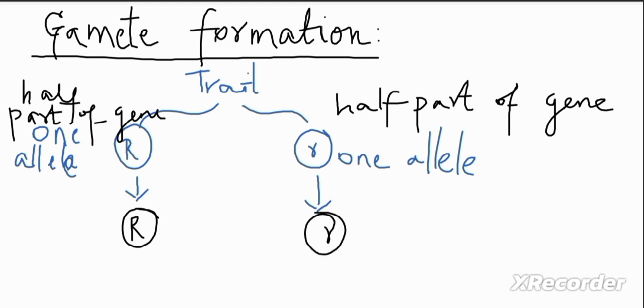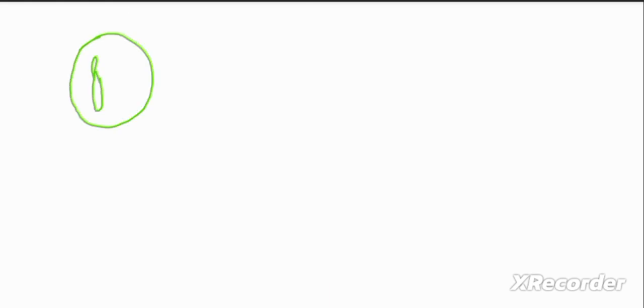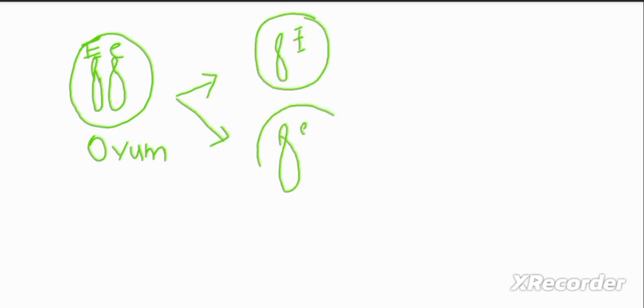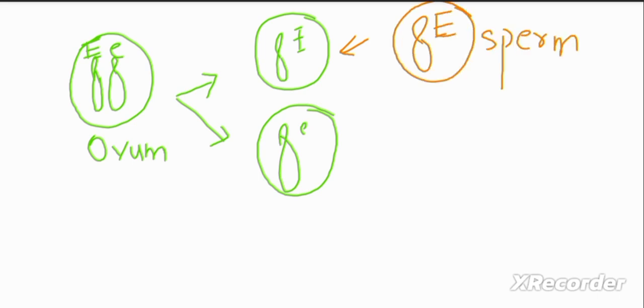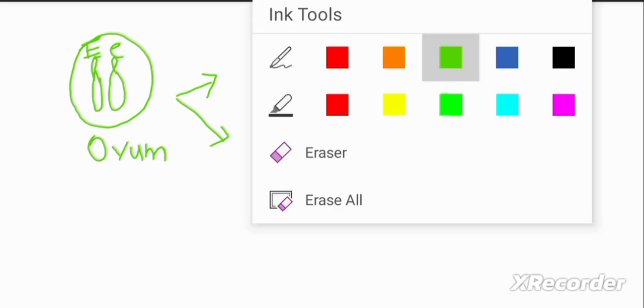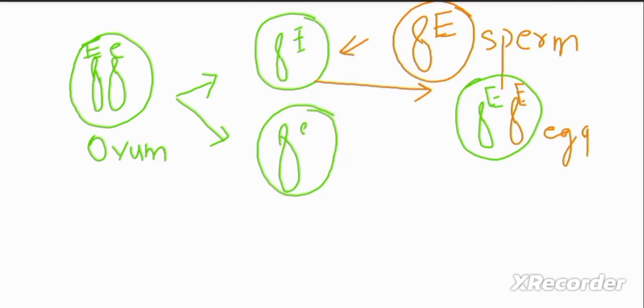So now these alleles in a gene separate from each other and form two gametes. This is a female germ cell having two alleles capital E small e on a gene in the ovum, and these alleles first will separate from each other and form two gametes. One of the female gametes fuses with the male gamete, that is the sperm cell, to form a zygote. Zygote is a diploid cell which is formed by fertilization, and this zygote now has a new allele combination that is capital E capital E.